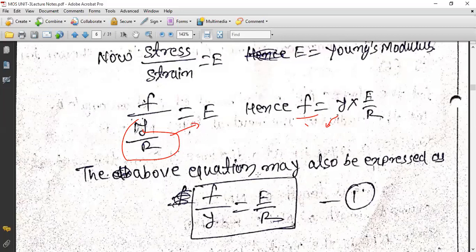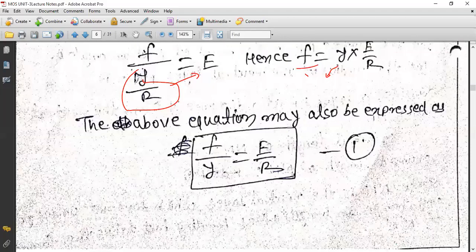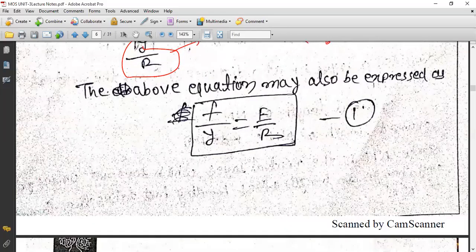Understood everyone, I think. This is equation number 1. I will share it with you in the WhatsApp group. Don't get confused about that. Next, we go to the second part.